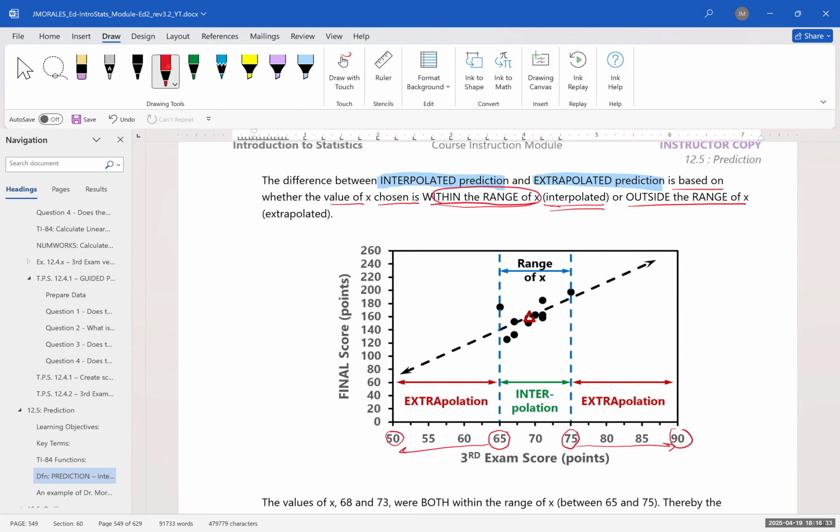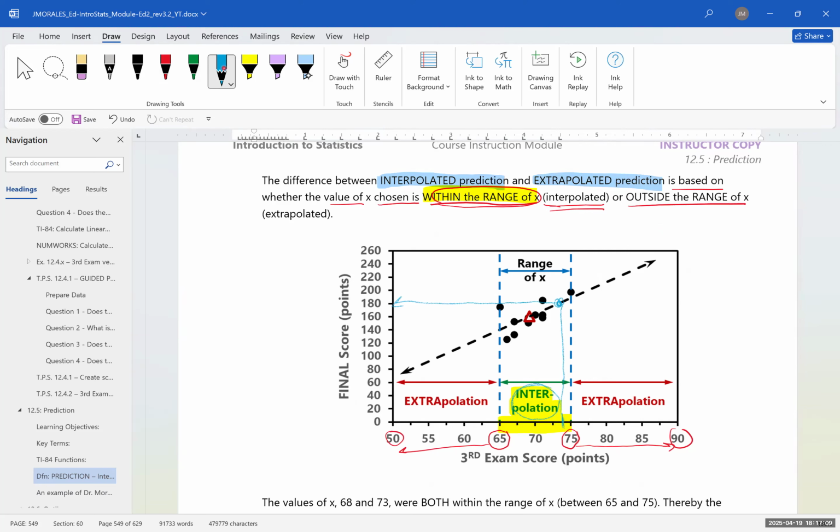So if we were to choose a value of x that was within the range, so anything between 65 and 75, then this would be what's called an interpolated prediction. So if we put x equals 74, we're going to end up getting a value of y, that's considered an interpolated prediction.